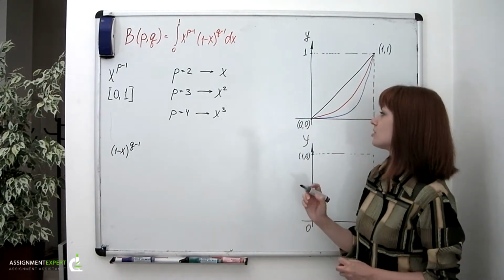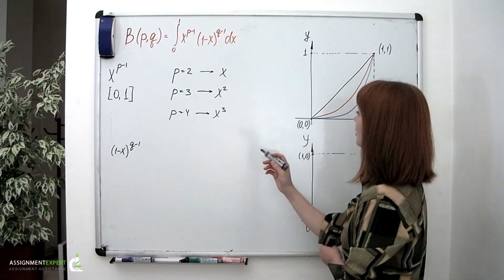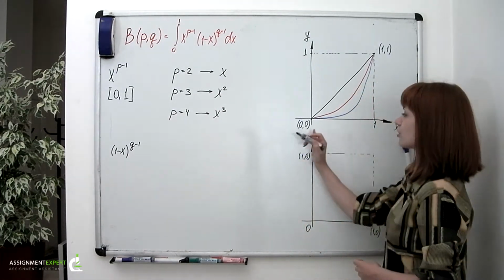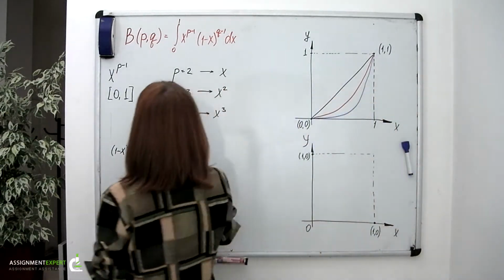We may notice that no matter what value the p parameter takes, integer or fractional, these curves will still pass through the points with the coordinates 0, 0, and 1, 1, which is quite natural.